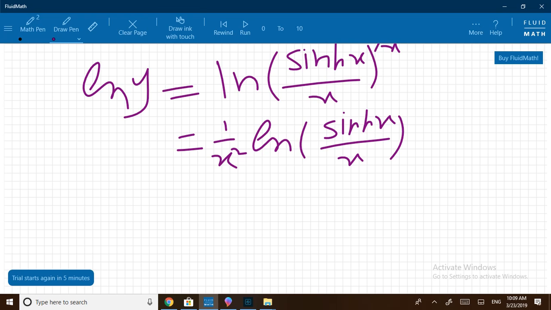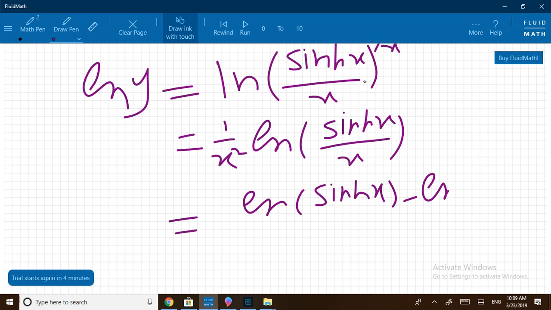So I can write it as natural log of sine hyperbolic x minus natural log of x, divided by x square. Since the limit is x approaches 0, this is 0 divided by 0 form.